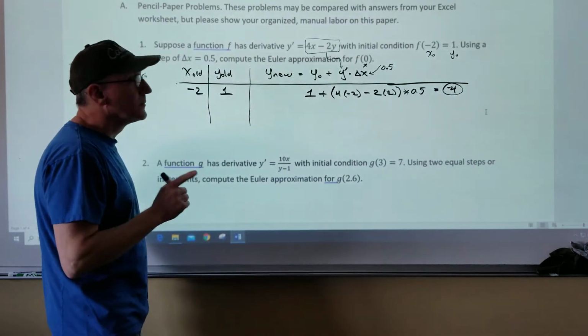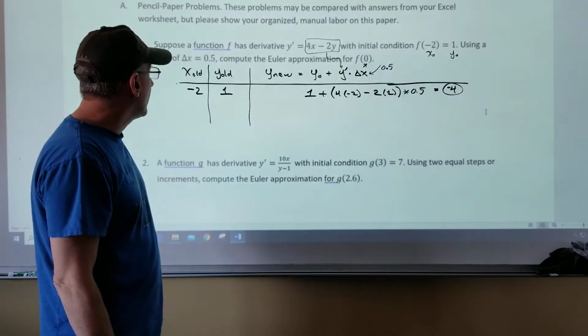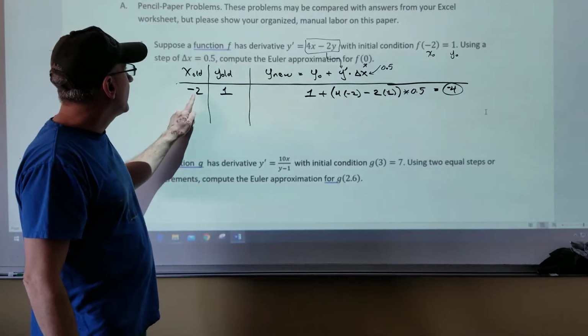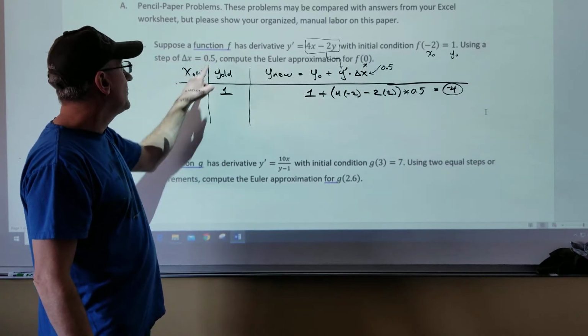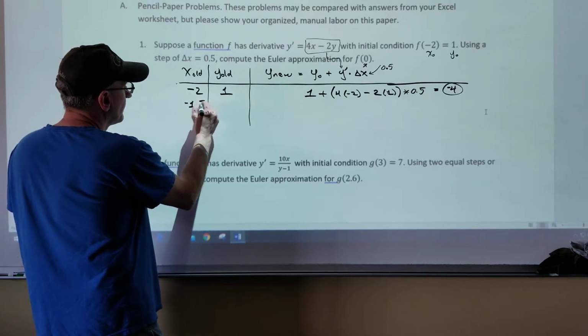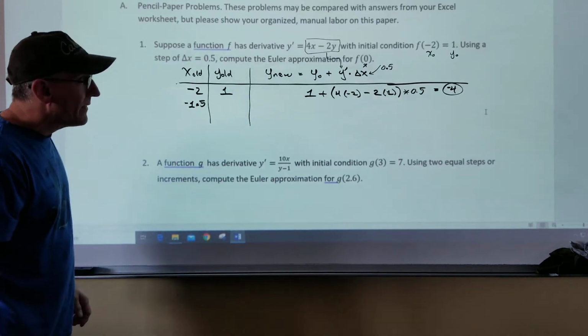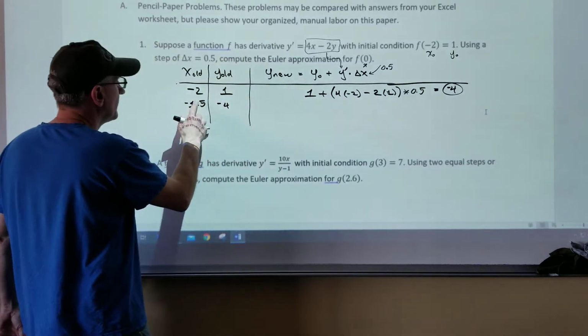Now the new x's are really easy to compute, and I generally do all of those just sort of rapid fire. You're going to take this old x and you're going to add 0.5 to it. What's negative 2 plus 0.5? That's negative 1.5. The y that goes with that is negative 4. That's what we spent all this effort generating over here.